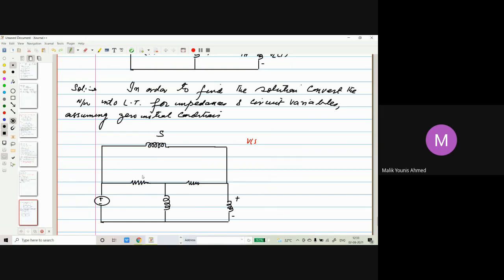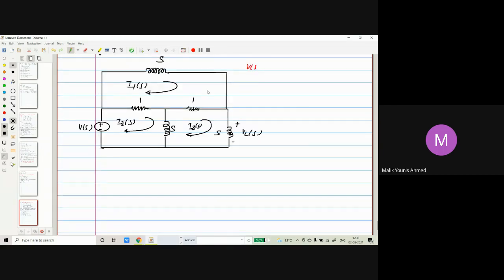So this will be 1 and 1. Resistor value will remain the same. This is again S, and this will be VL of S. This is again V of S, and let's say this current is I1 of S, I2 of S, and this is I3 of S. And again here we have S because the value of L is 1.